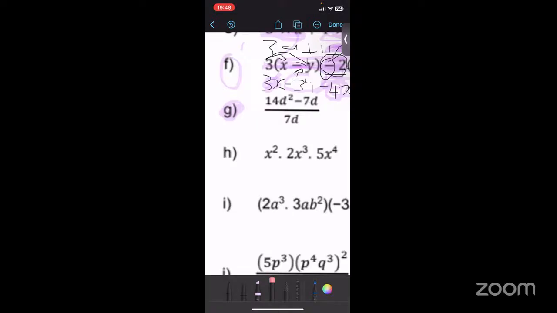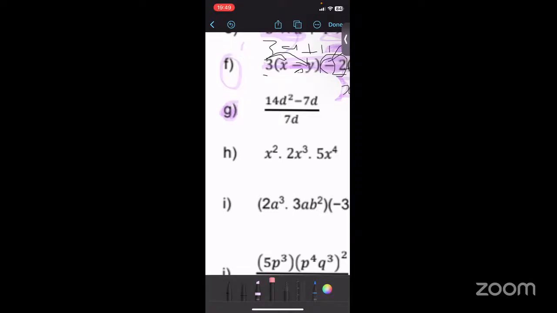Perfect, Ole. So your answer is going to be 2D minus 1. Perfect. So this is what you need to do. I'm not sure if you guys are aware of the common factor. What you need to do is take out the highest common factor, because by just looking at this whole expression, we can see that we have multiples of 7: 7, 14, right?